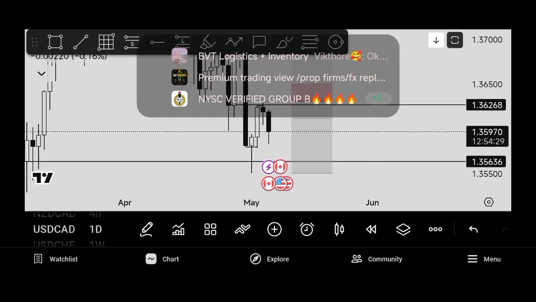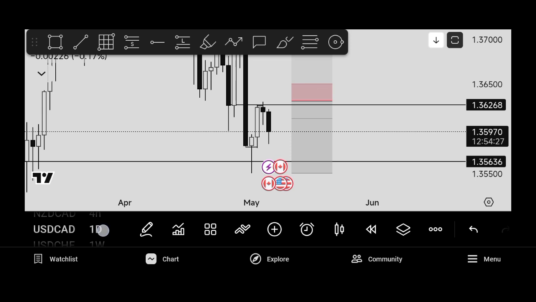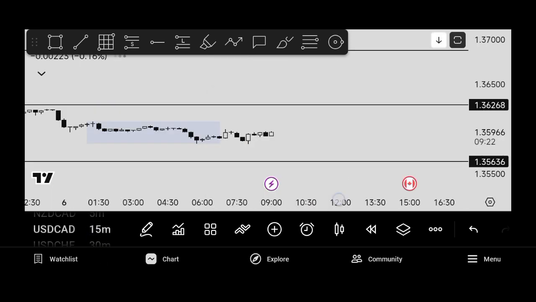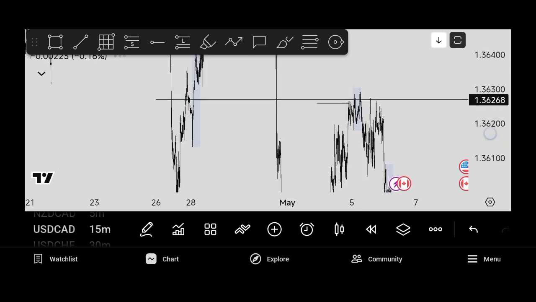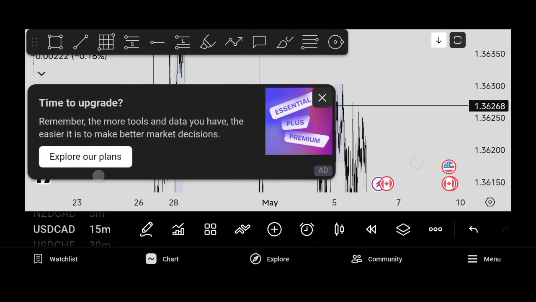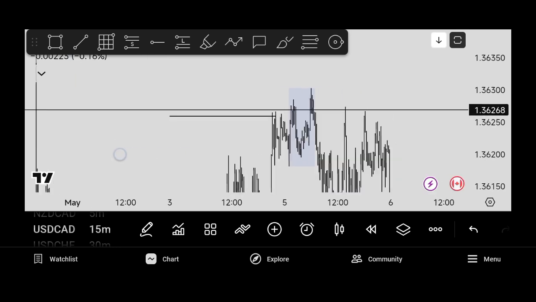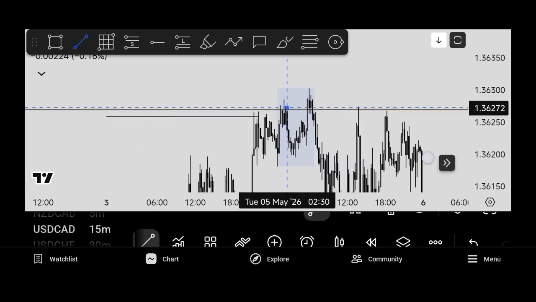Now, the third criteria, which is lower time frame shift: if you go to 15-minute time frame, you can see we clearly have a very nice range to work with.